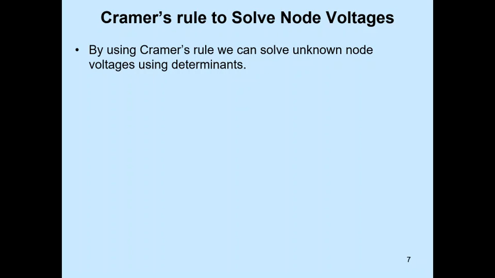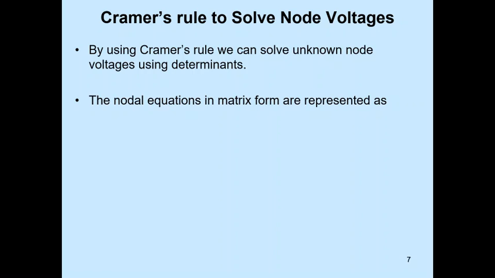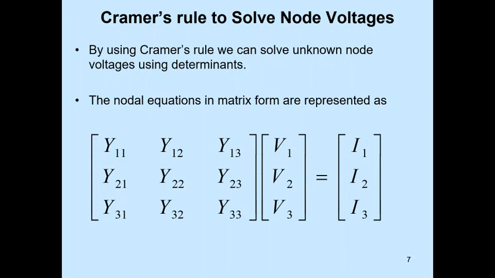By using Cramer's rule, we can solve for unknown node voltages using determinants. The nodal equations in matrix form are represented as follows. y11, y12, y13 are the coefficients of the first nodal voltage equation, y21, y22, y23 are the coefficients of the second nodal voltage equation, and y31, y32 and y33 are the coefficients of the third nodal voltage equation.